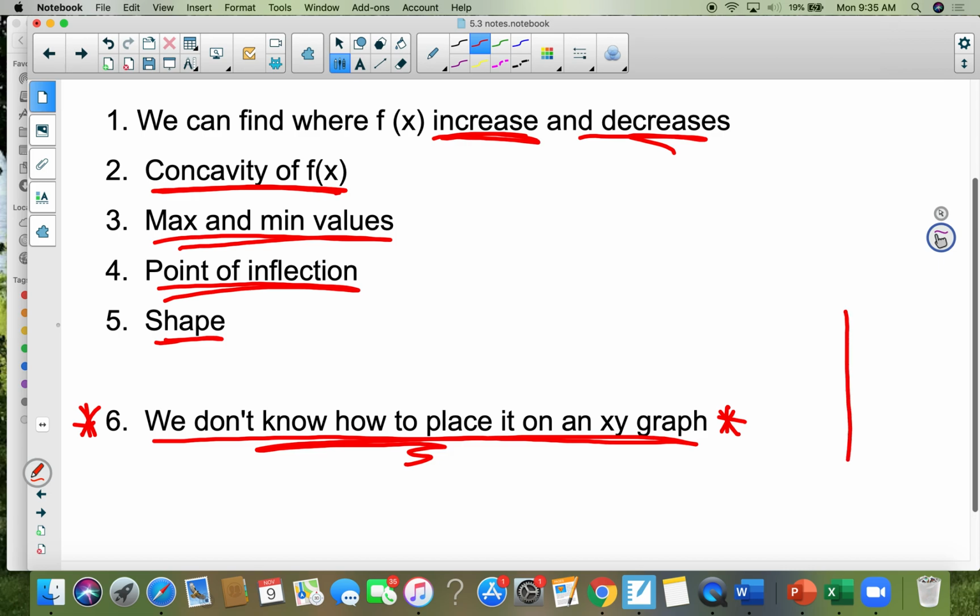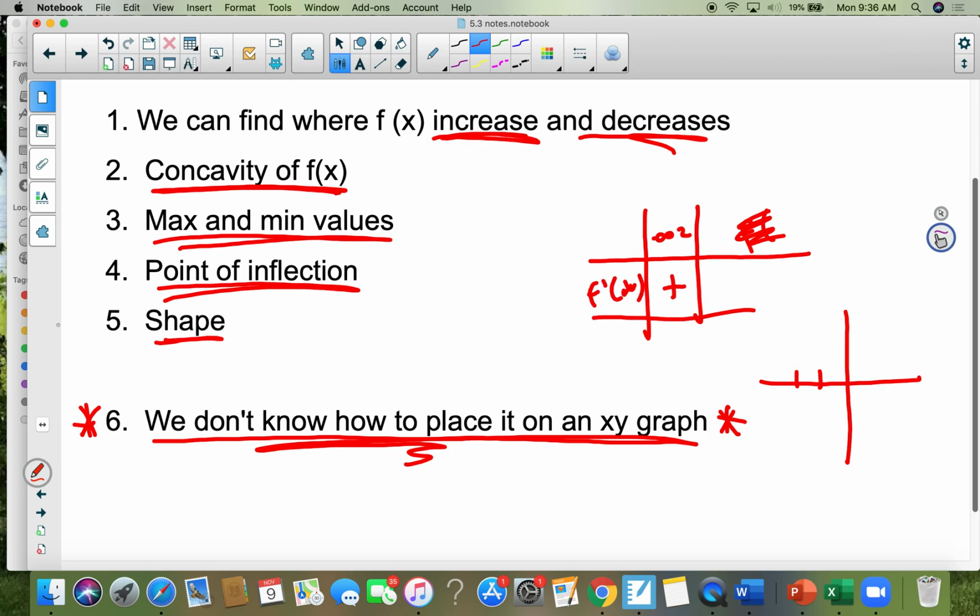Maybe I'll give you a sign chart like this, from negative infinity to negative 2 is positive, and this is the derivative, and this is the behavior. We know that it's increasing from negative infinity to negative 2, so we have to increase it to here.